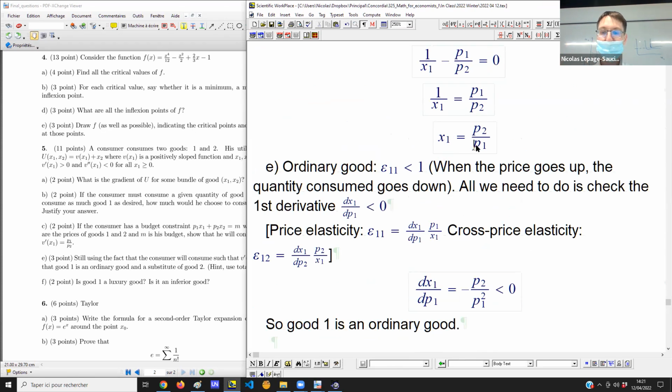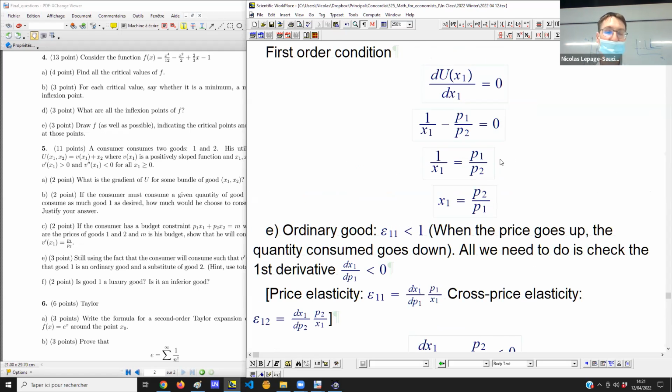Is it true? Well, no, because if I have an income of 0, then I'm not going to be able to consume p2 over p1. So the first order condition needs to be satisfied. But since here by doing this, we assume that we satisfy them. What do I mean by this? Let me just try and have this camera there. All right, so we can see what's going on.